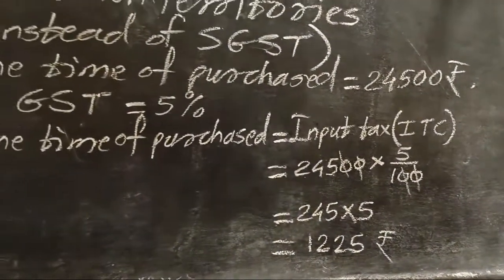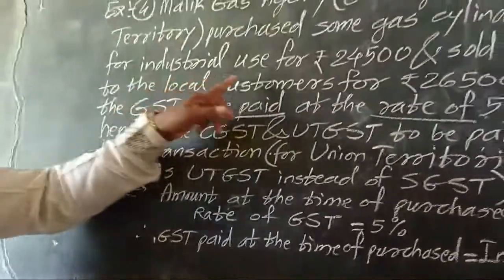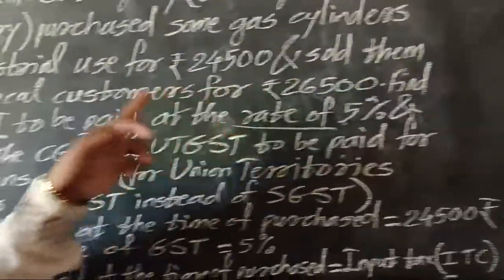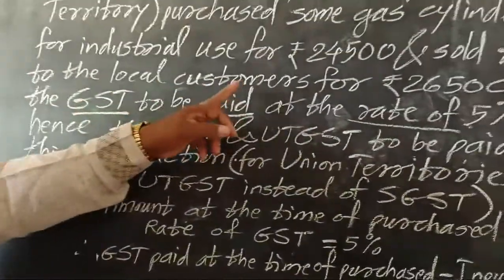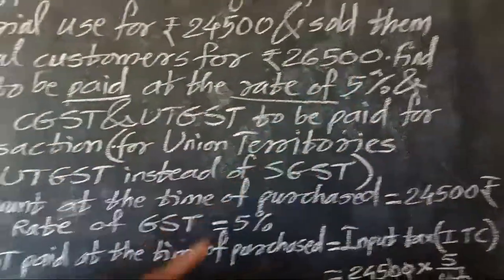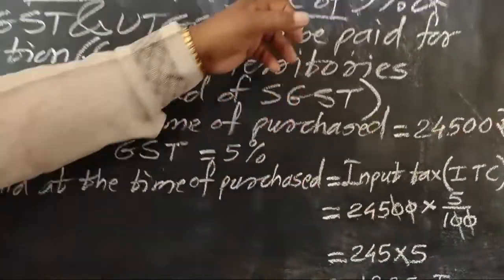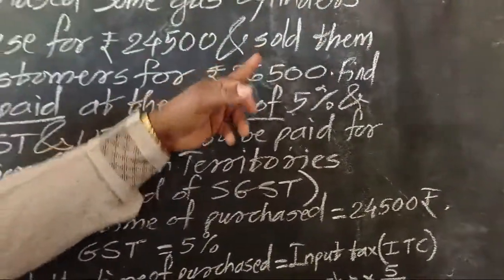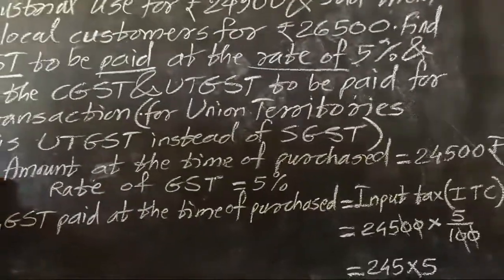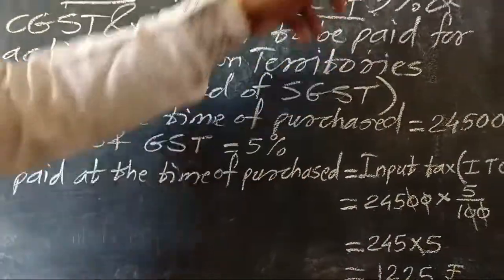After that, next sentence is, this sentence we consider: and sold them to the local customer for rupees 26,500. Purchased word replaced with sold, then the sentence becomes the amount at the time of sold.